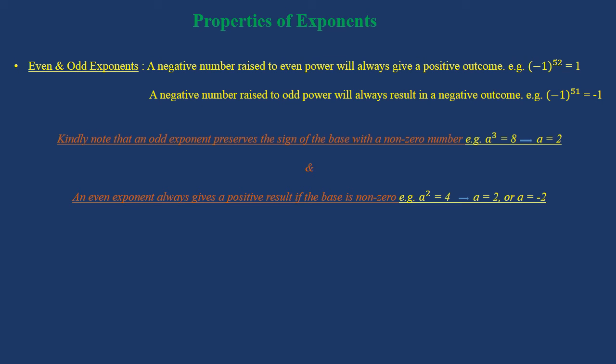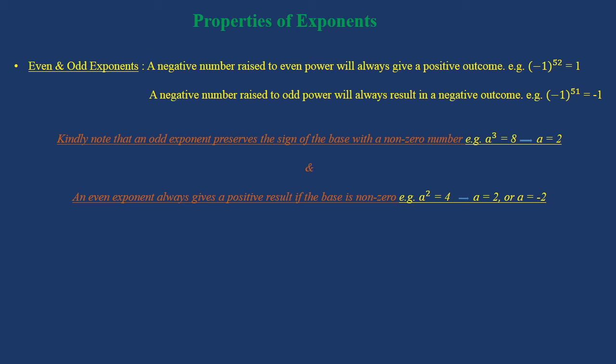Now the last property of exponents is about even and odd exponents. A negative number raised to an even power will always give us a positive outcome. For example, minus 1 raised to the power 52 is equal to 1. And a negative number raised to an odd power will always result in a negative outcome.